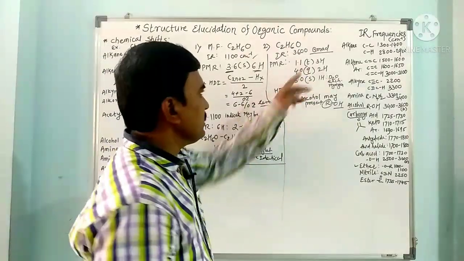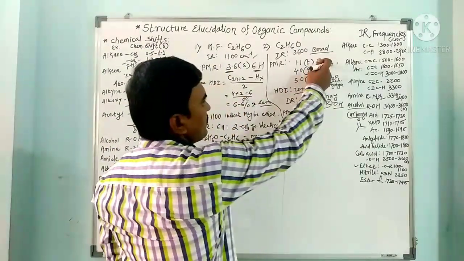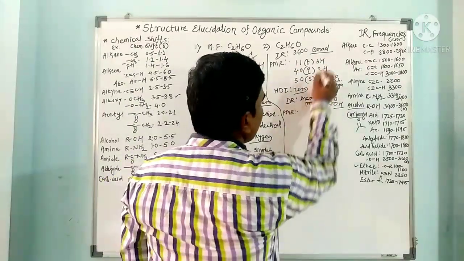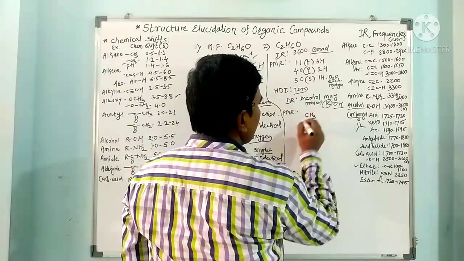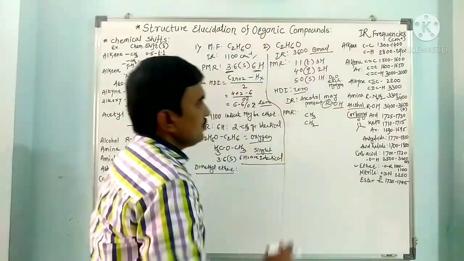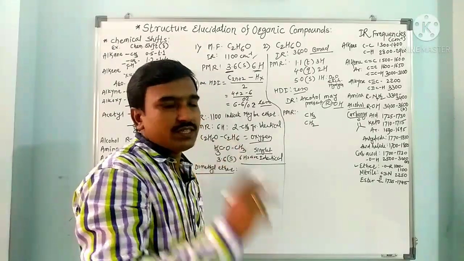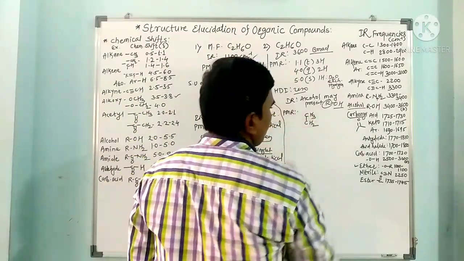So here is the information given in PMR. From the PMR information, 3 protons give a triplet. 3 protons means it may be CH3. These 2 protons mean it may be CH2. Now when this CH3 gives a triplet, it indicates it must be attached to CH2.